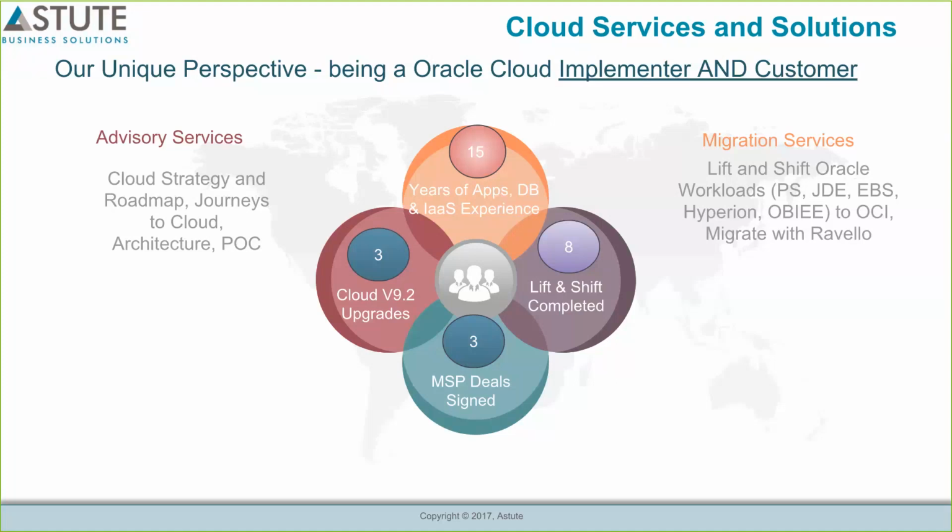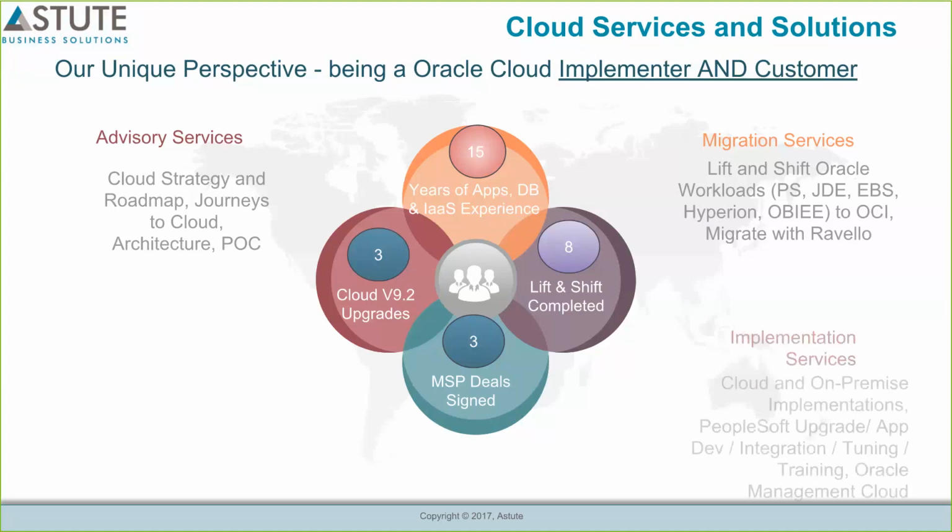So the application product development teams like PeopleSoft, EBS, and JDE, each of them have developed their cloud automation tools for migrating and for deployment. And then there are other tools like Revelo in the Oracle portfolio that help you migrate entire VMs to cloud if you want to do that.